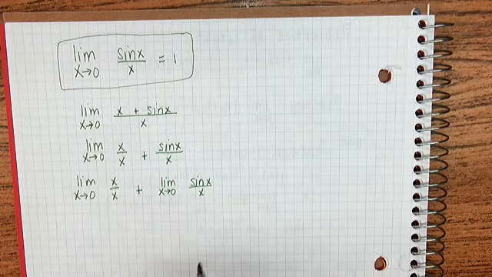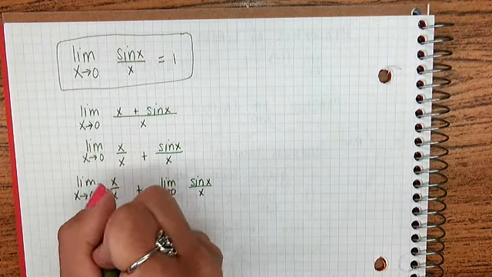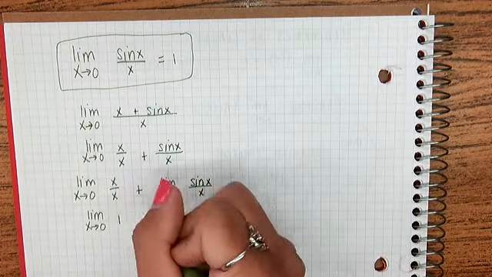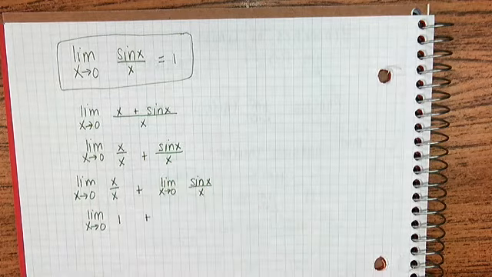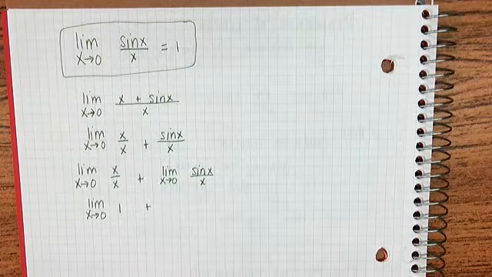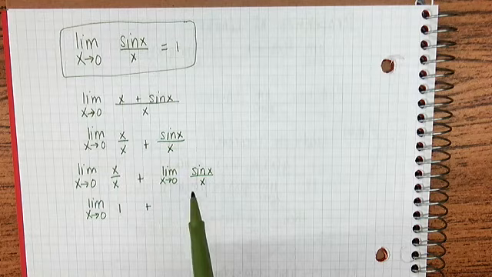Well, what's x over x? X over x is 1. So this is the limit as x approaches 0 of 1. And we just did the limit as x approaches 0 of sine x over x.